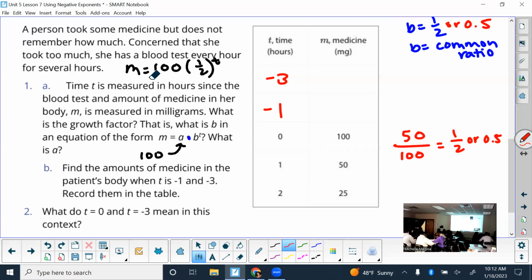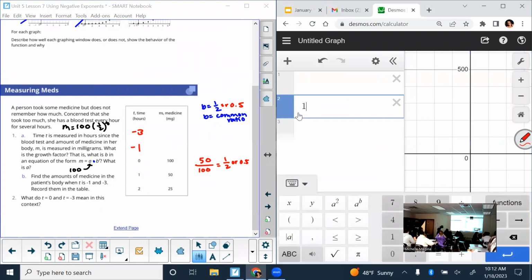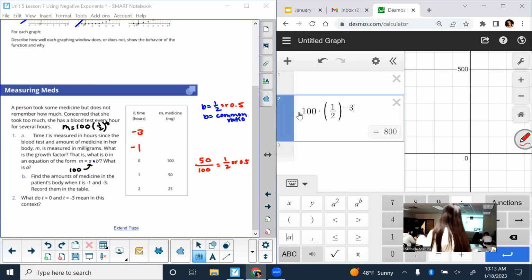All right, for time purposes, I'll take a volunteer. Who has it for when T is -3? Brian? Yes. All right, let's see. Hang on. Okay. All right, good. And that's what it should look like in your calculator.